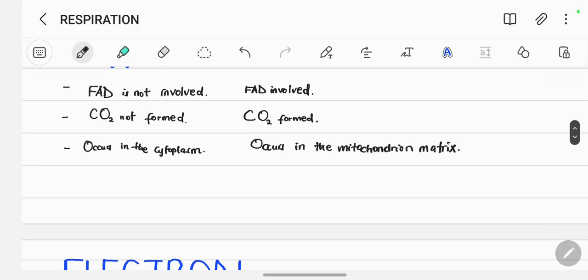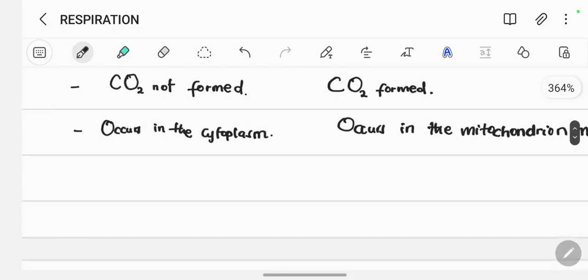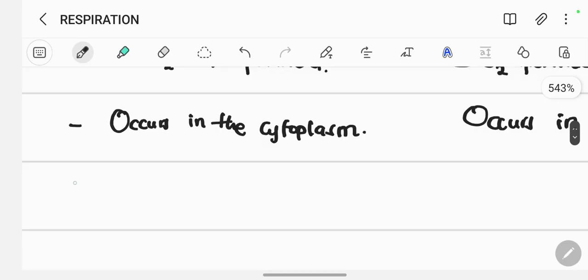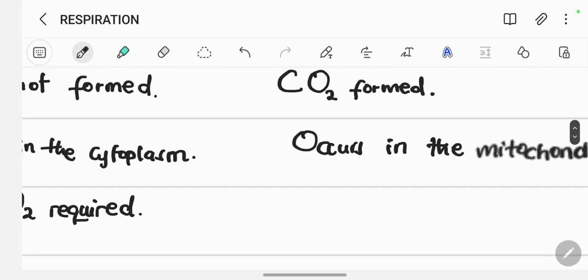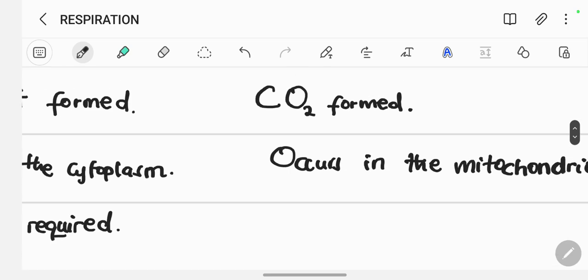Then glycolysis doesn't require oxygen to occur, so no oxygen is required. But under the Krebs cycle we need that oxygen. Why?